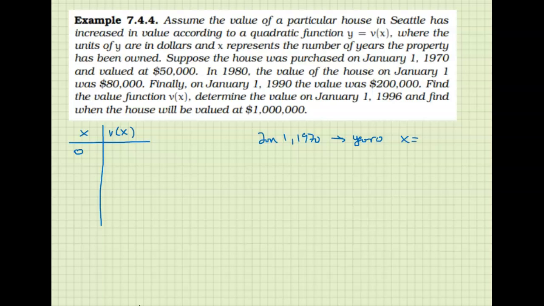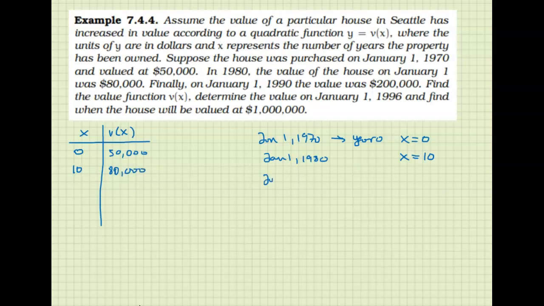So this is when x equals 0, and the value was $50,000. In 1980, the value of the house on January 1st, so that's 10 years from then, it was $80,000.